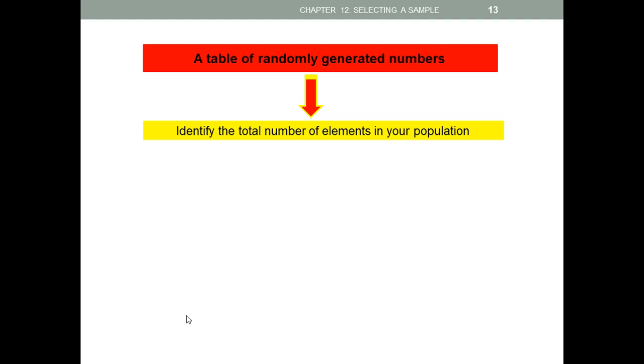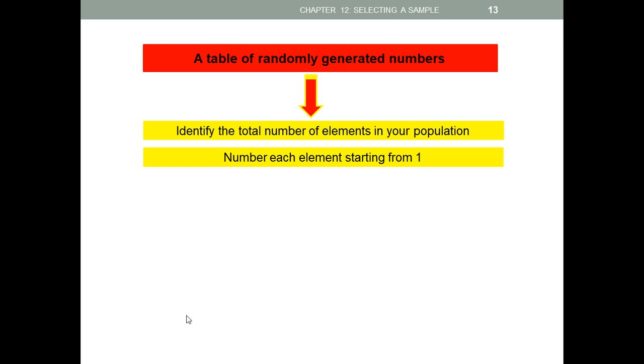So we need to know the exact number of participants of the whole population. For example, at high school A, we know that there is a total of 550 high school students. So 550 refers to the total number of elements in the population.